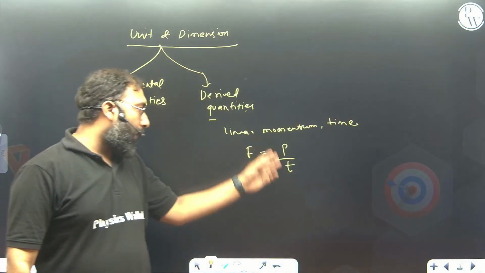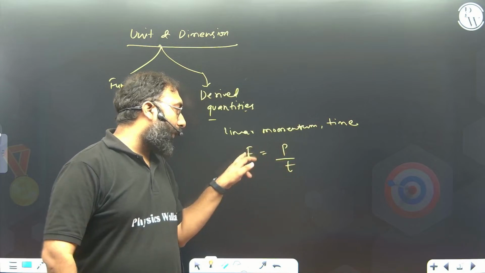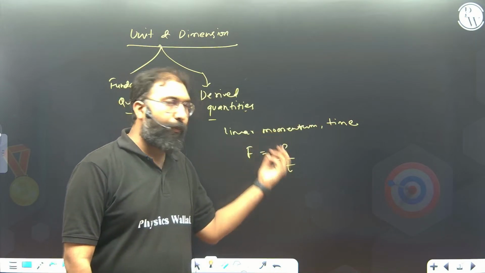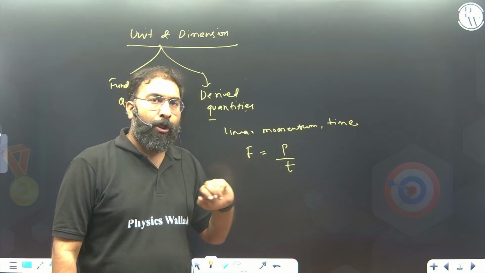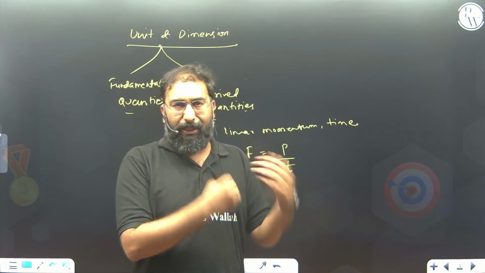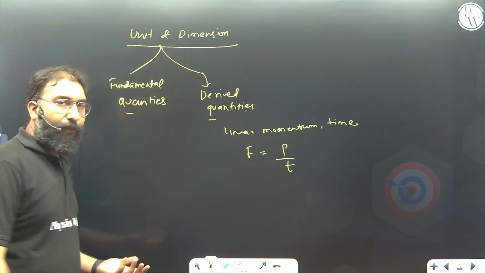So momentum and time are used to find the force. Force is not a fundamental quantity, right? It is derived from momentum and time. Momentum itself is derived from different physical quantities. So quantities which can be obtained using other physical quantities are known as derived quantities, and there will be some fundamental quantities.